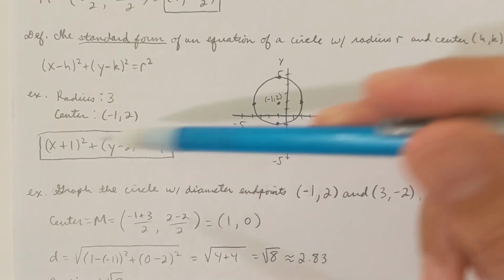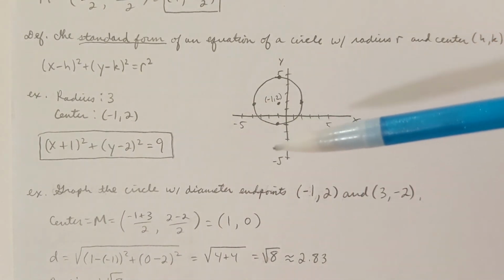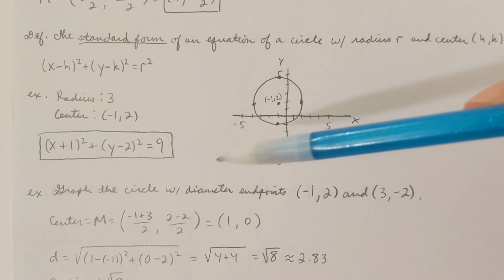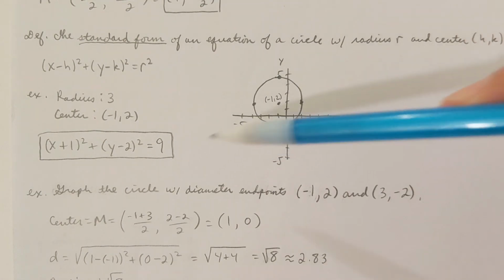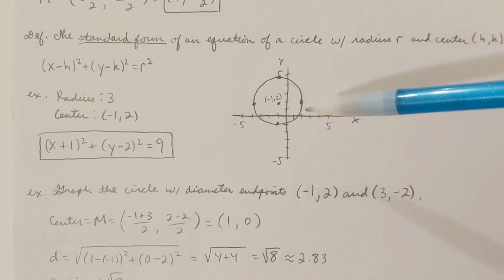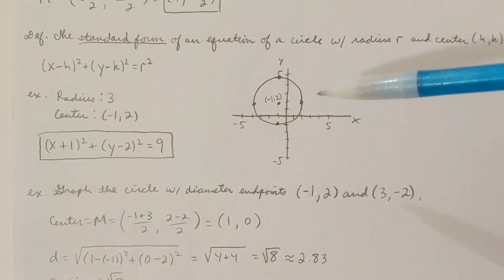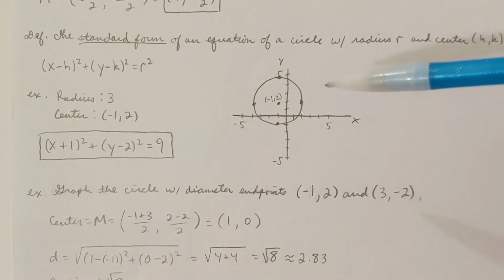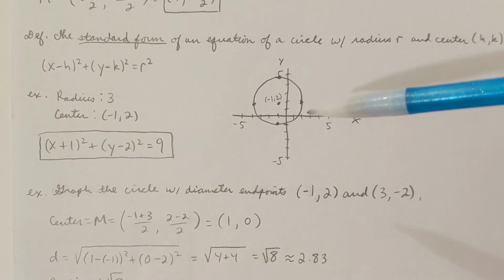And so that would be the form of the circle that I want. And the circle then is graphed on the XY plane provided.